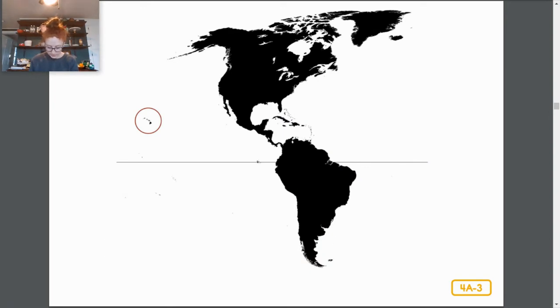Hawaii is made up of 8 major islands, 7 of which are inhabited. If a place is inhabited, that means that people live there. So there's one of the islands that people don't live on, but the other 7 they do.